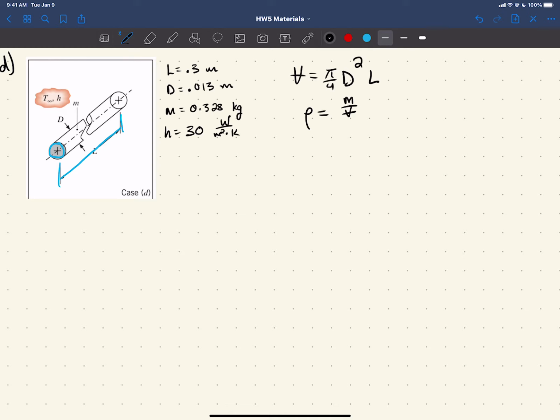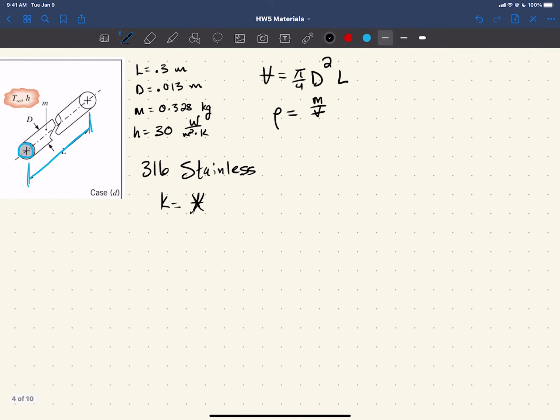You calculate a density, and when I plugged the numbers in, this exactly matches one in the back of the book, I want to say 316 stainless steel. And so then you get a K, and once you have the K, we already calculated the volume there.